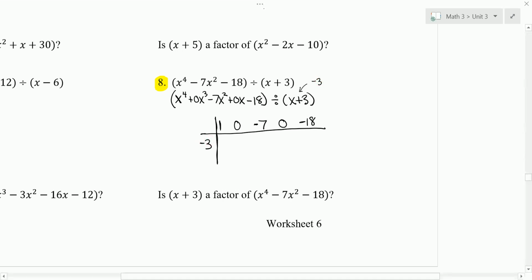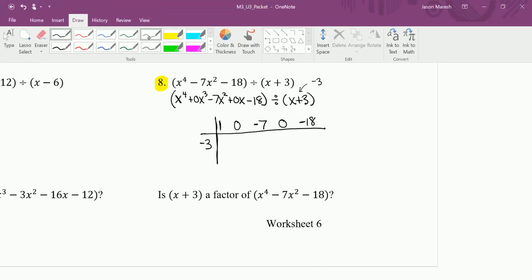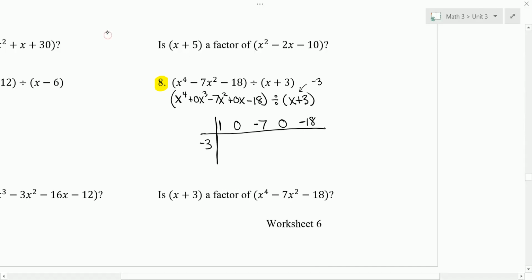And then there's a pattern or an algorithm that we follow. And the pattern is we take our first number 1 and just bring it down. And then we're going to multiply. Negative 3 times 1 is negative 3. And then we're going to add it to the next number up here, 0. So negative 3 times 1 plus 0 is going to give us negative 3.